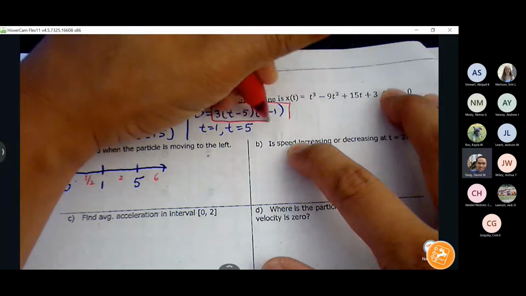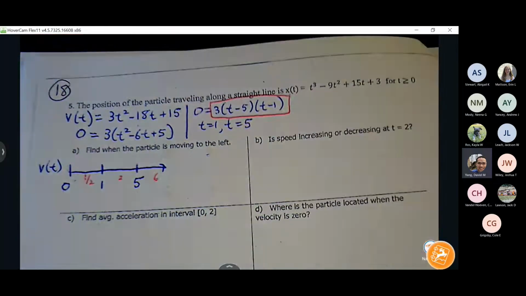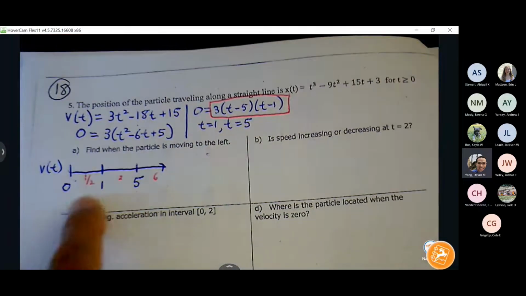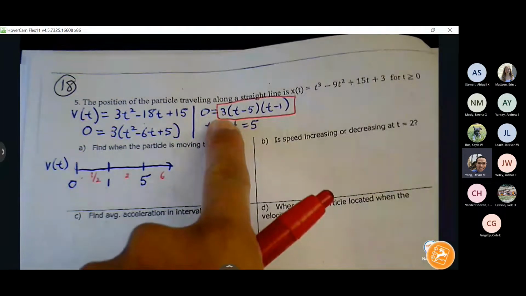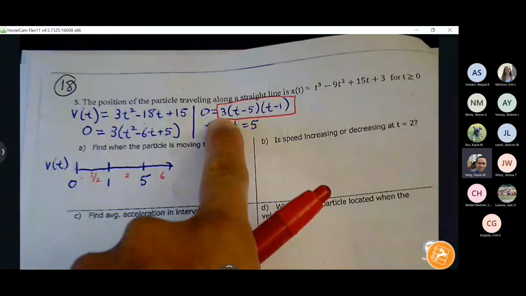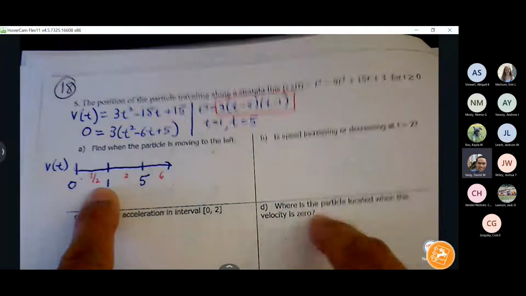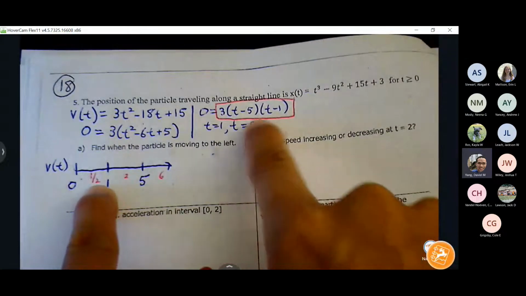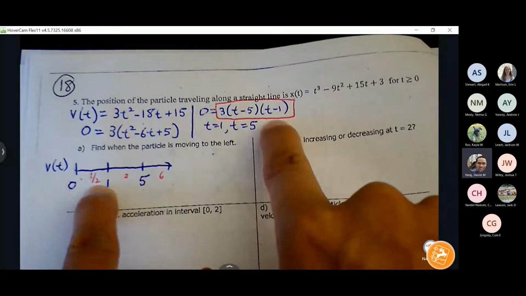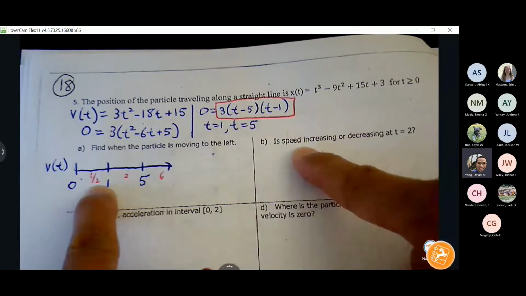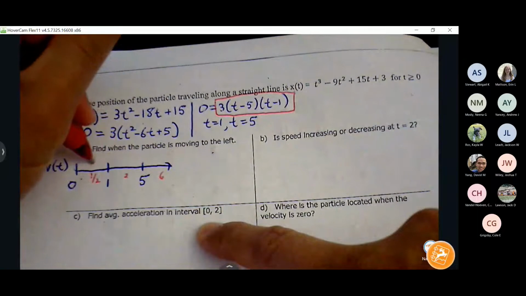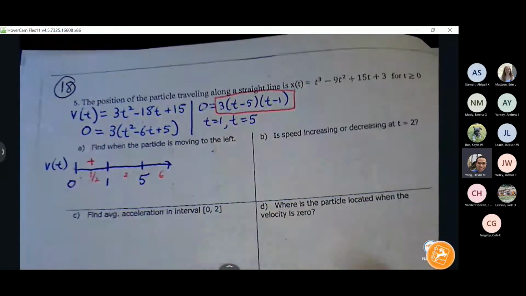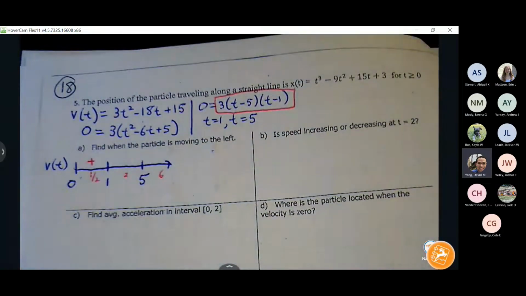Factor form feels easiest to plug in without having to do a whole lot of calculations. So I'm going to ignore that 3. That 3 is always positive, so it's not going to impact my sign. Just the t's. So 1/2 minus 5 is negative. 1/2 minus 1 is also negative. Negative times negative is positive. So I know that between 0 and 1, my particle is moving to the right.